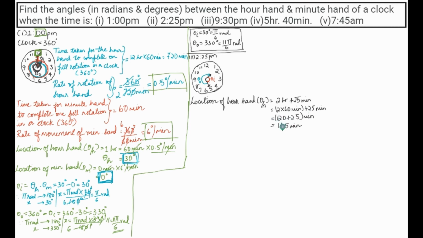So our rate of rotation of our hour hand is 0.5 degrees per minute. So when we multiply 145 minutes into 0.5 degrees per minute, we can find the location of our hour hand. So minute unit and minute unit cancel out each other. We get 72.5 degrees. That is our theta h. Next, let us find out the location of our minute hand.